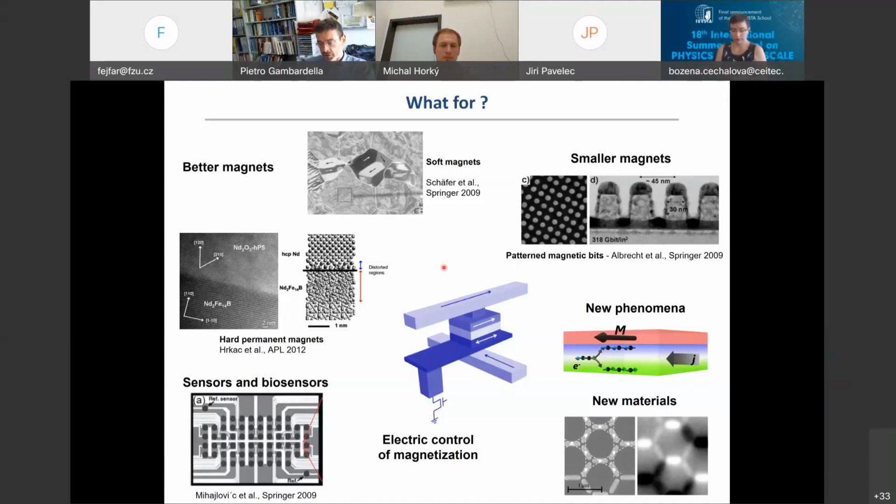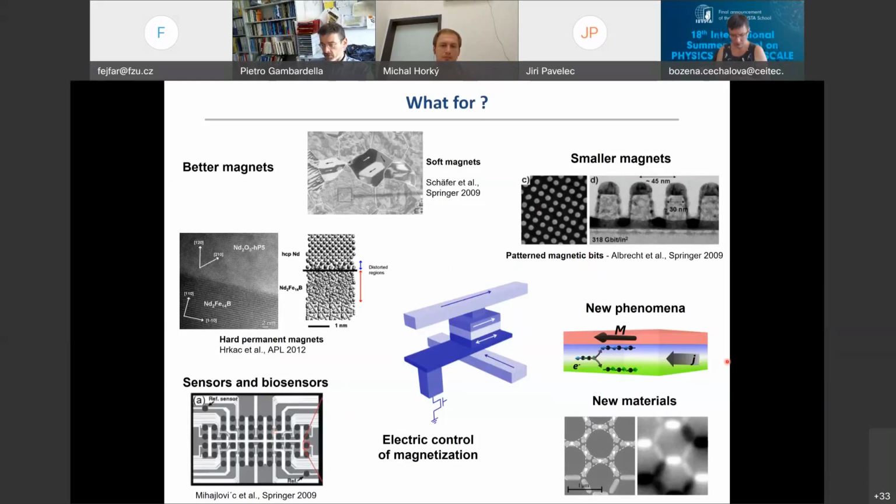For what we are concerned, so systems that are essentially interfaces or surfaces or nanostructures, then we know that small magnetic bits are used as recording media. We know that magnetic layers are used to fabricate sensors.